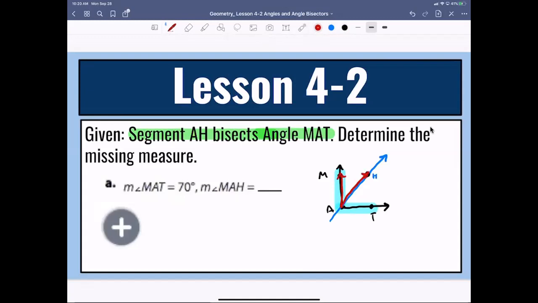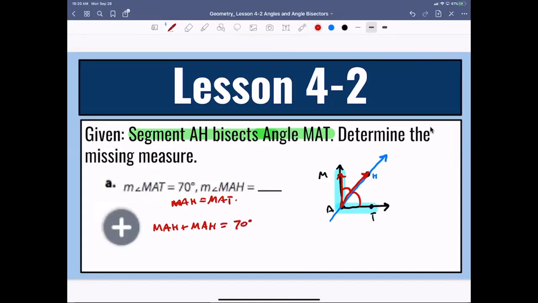Well, we know it cuts it in half, right? If we know this is congruent to this, since they're congruent, MAH is equal to MAT. That means MAH plus MAH is equal to 70, right?